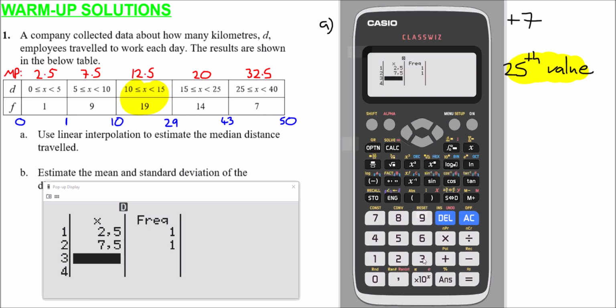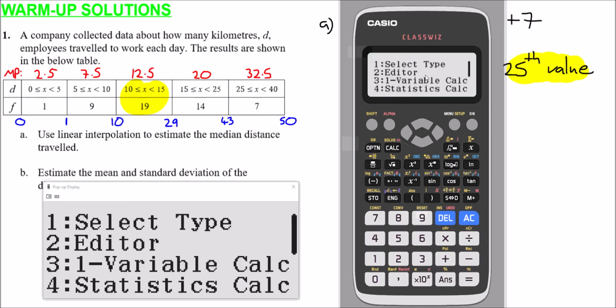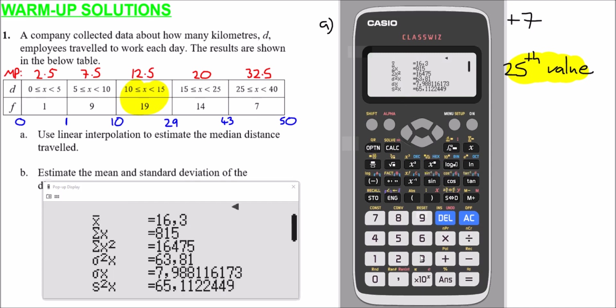The next one is 12.5, and 20, and then finally 32.5. Then moving along and doing the frequencies, 1, 9, 19, 14, and 7. So press equals, and once all the data's in, we now press OPTN and go to one variable calculation. So press option 3, and now we can see the estimates for the mean and standard deviation.